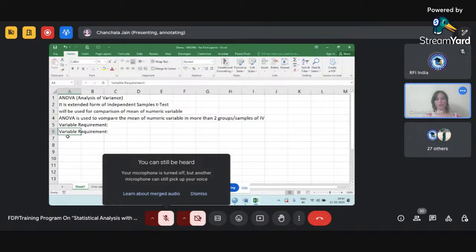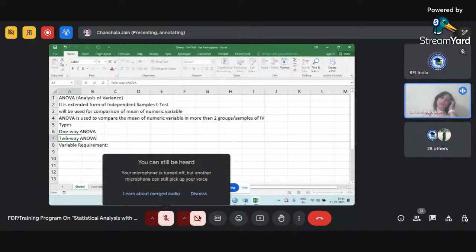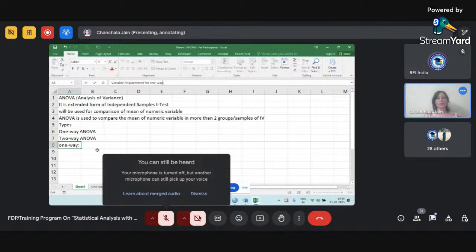Before that, we'll talk firstly about the types. I think everyone knows there is one-way ANOVA and two-way ANOVA. These are the two varieties available in ANOVA, right? One-way and two-way. So I'll talk firstly about the variable requirement for one-way.